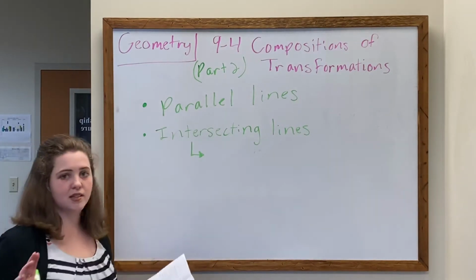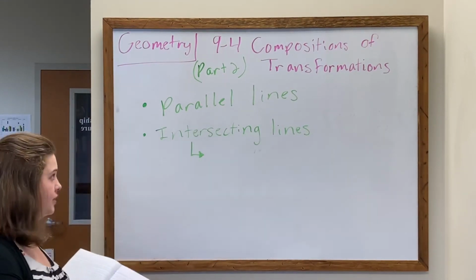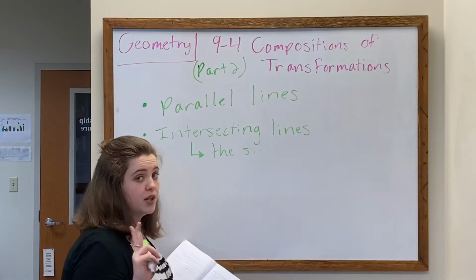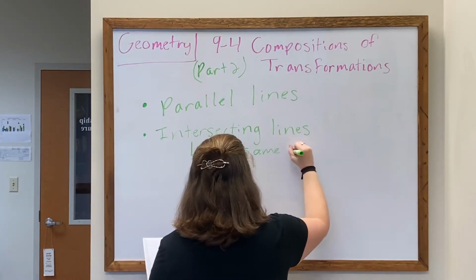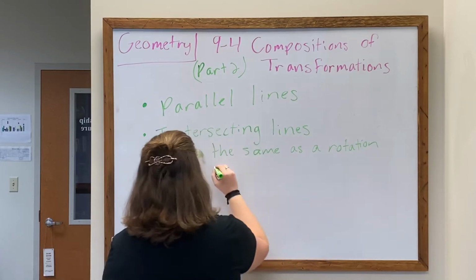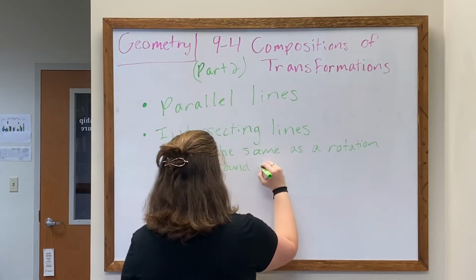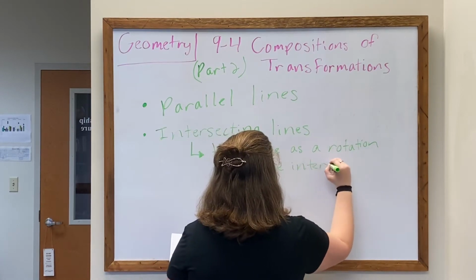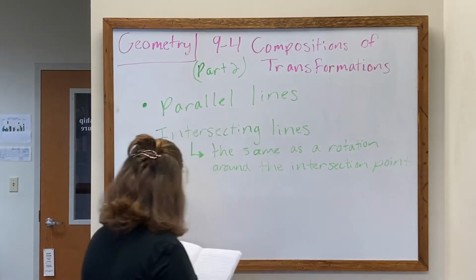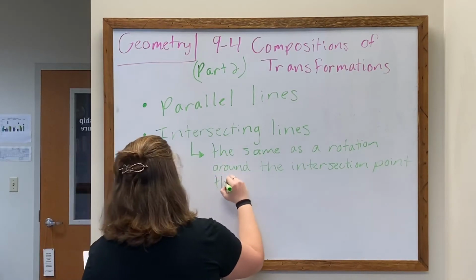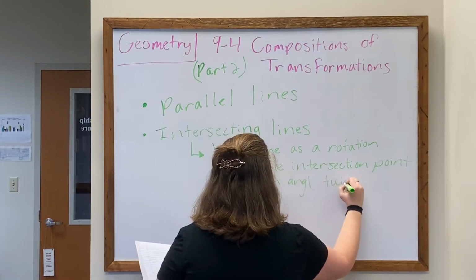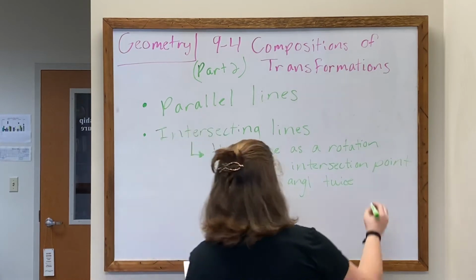whereas parallel lines were basically a translation along a specific vector, a reflection over two intersecting lines is basically the same as a rotation around the intersection point, so the place where the two lines intersect, through an angle twice the size of the angle formed by the lines.